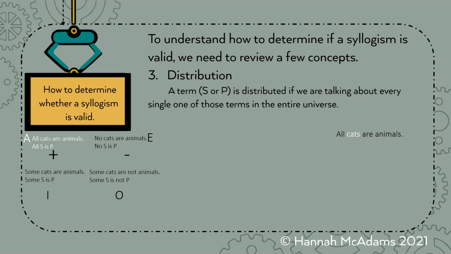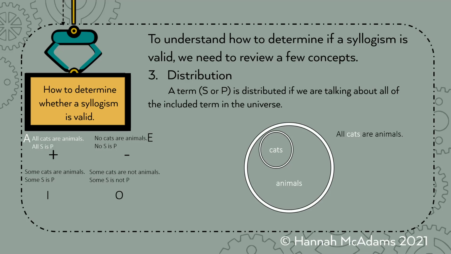Let me draw you a picture of what this means. So we have cats here. All cats are animals. And then we have animals. Are we talking about every single cat? Yes, we are. And this happens to be a true statement. It is true that all cats are animals.